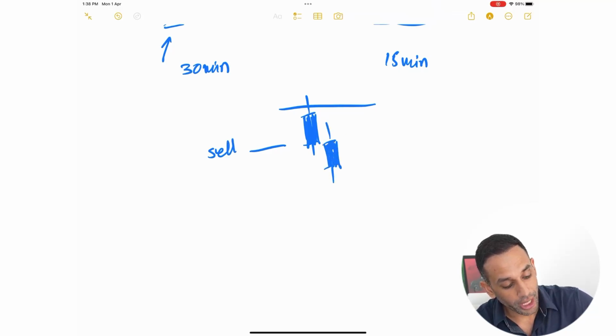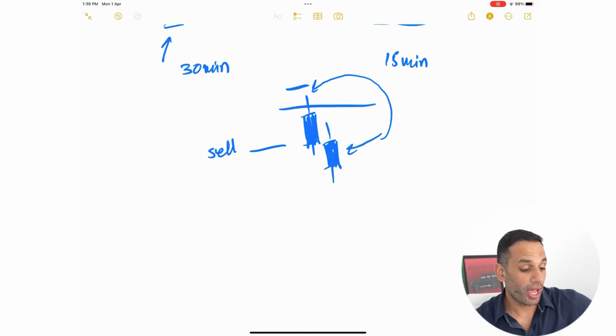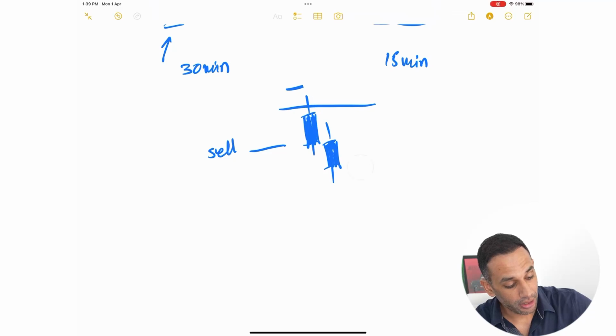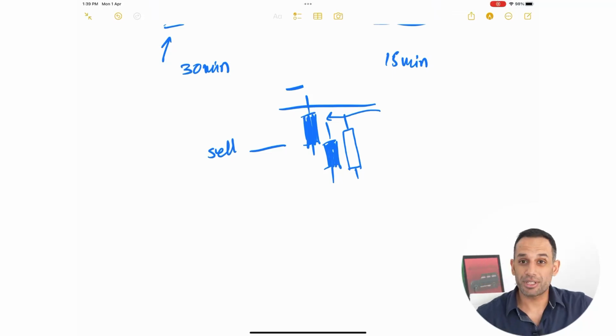For this candle to push down, you want it to respect the high of the previous candle, which is where you have your stop loss. But instead, if the next candle starts to break the high of the previous candle, this is where you're closing 50% again.